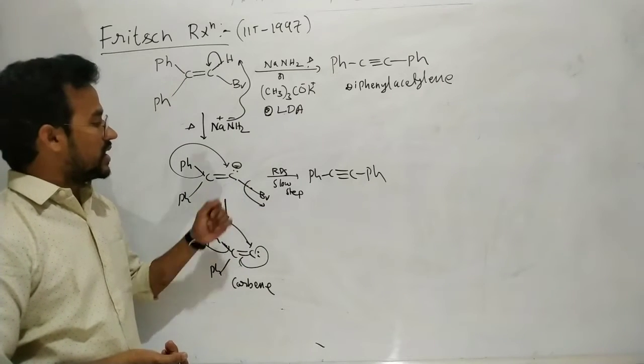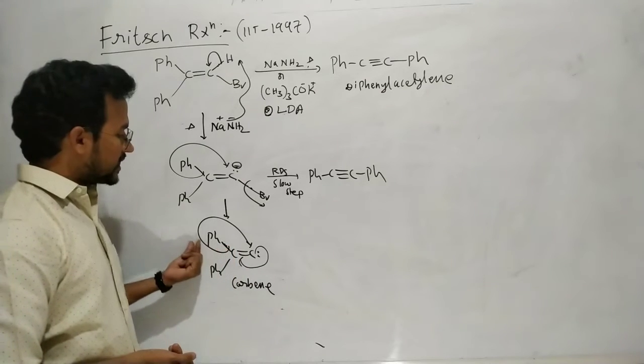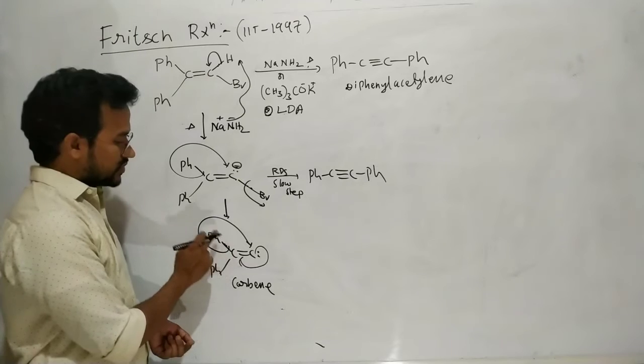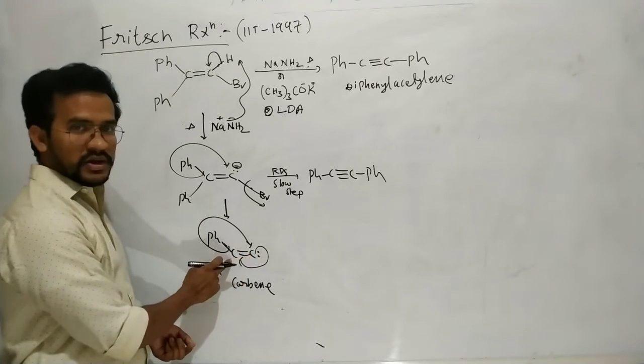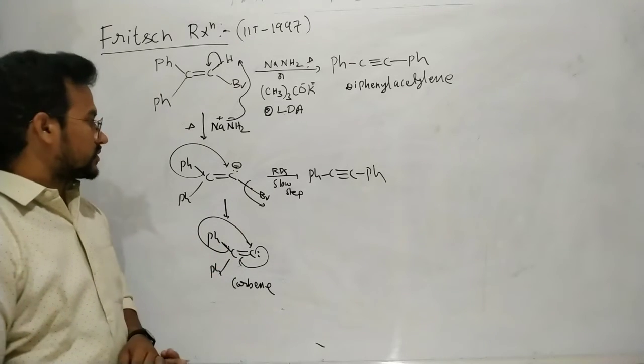After leaving of Br minus we get the carbene. By the migration of this phenyl, this carbon carries a positive charge, and these non-bonding electrons form a bond with this positively charged carbon, and we get the alkyne product.